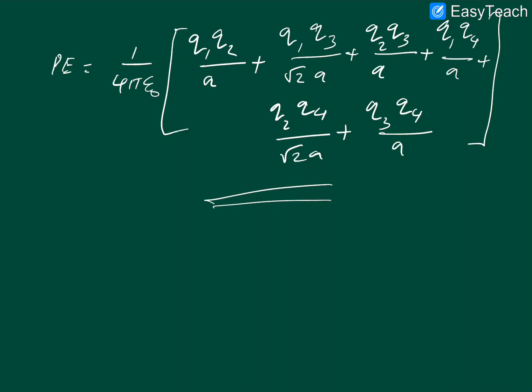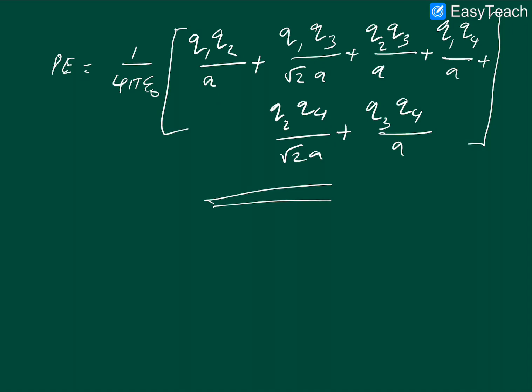In the same way, you can solve any other problem. The method is to bring charges one by one and find the corresponding work done in the process. Then add all the individual work done. You will get the total work done. This total work done is equal to the potential energy of the system.